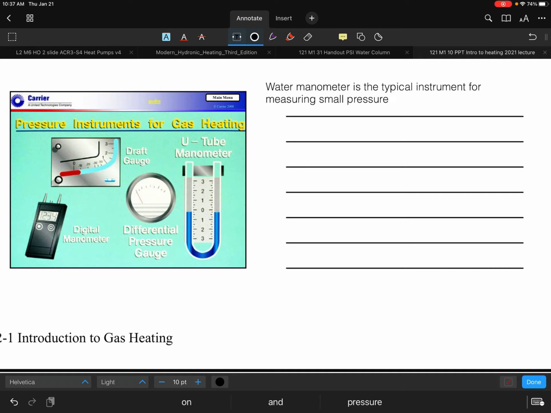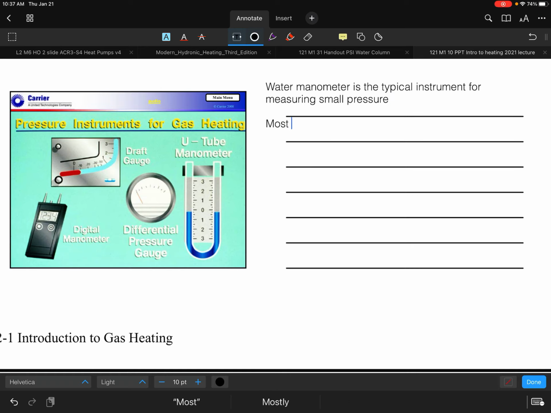Among the instruments we're looking at, one is called a draft gauge, one is a digital manometer, the other is a differential pressure gauge, and a U-tube manometer. Every one of those is very applicable. They're designed for measuring these small pressures on up. So those are fairly typical.